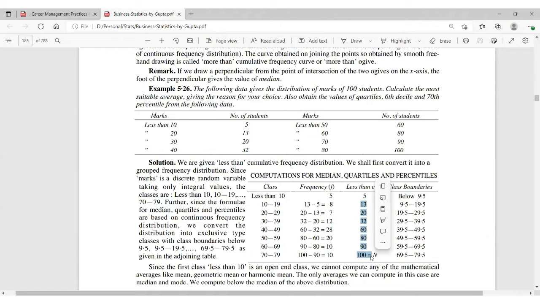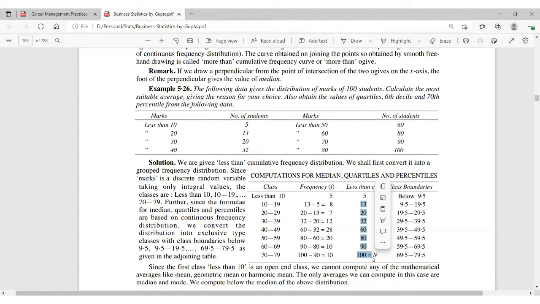right? Now see, in these classes, what you have seen in these classes, the first one is less than 10, then 10 to 19, then 20 to 29, 30 to 39, right? So we have to change these to the class limits, right?